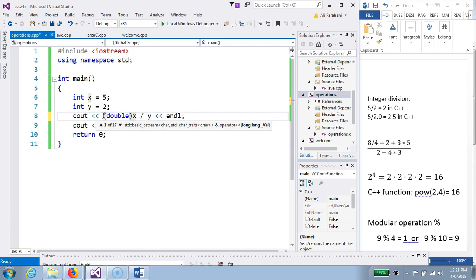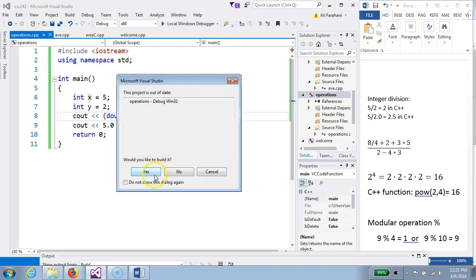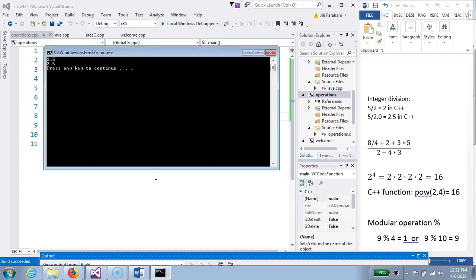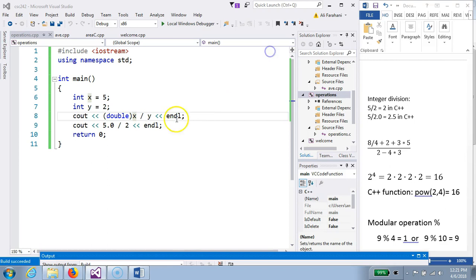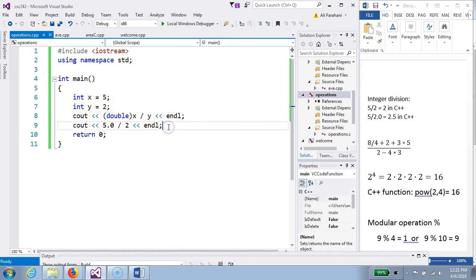Just in this particular expression, x is interpreted as double, so that 5 you see there, it will interpret as 5.0 just in this expression, and then that division will be a floating point division. When I run this, you will see that you get 2.5 for both expressions. As I said, this is called casting. So you cast the type of a variable.